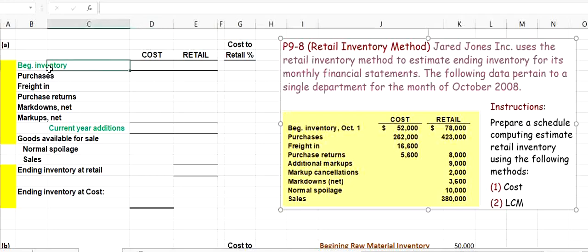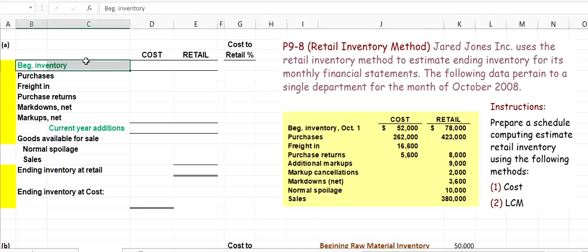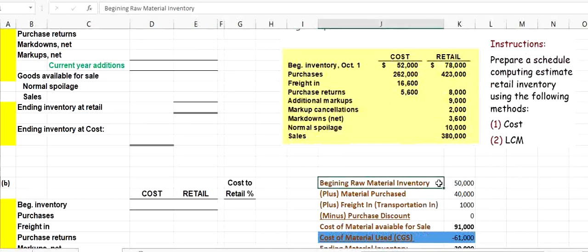Now let's start with the beginning one. I have marked it green for a reason which I will shortly tell you. The beginning inventory at cost is $52,000, and the beginning retail value is $78,000. After that we have the discussion on purchases, freight in, and purchase discounts if any.